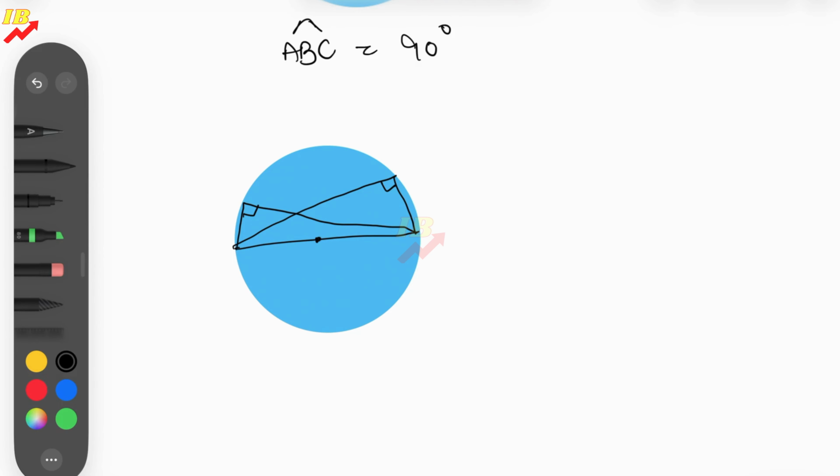It doesn't depend on the vertex; it depends on the angle being in the semicircle. So if you draw any angle which joins the diameter's endpoints, that makes 90 degrees. That's an easy statement.